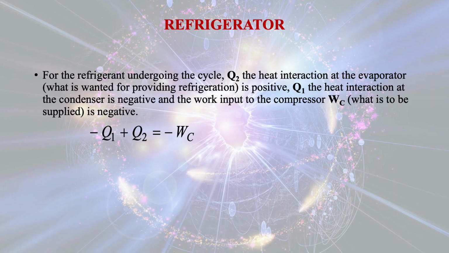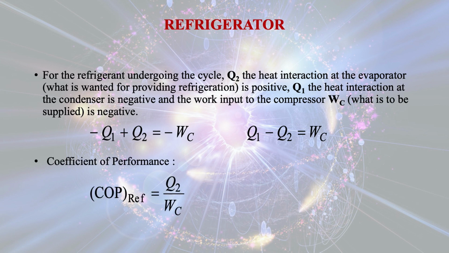These are all from the sign convention. So we can write the expression for the first law of thermodynamics for a cyclic process as minus Q1 plus Q2 is equal to minus WC. So Q1 minus Q2 is equal to WC. So the coefficient of performance, that is COP of the refrigeration system, is equal to Q2 divided by WC, and COP of the refrigeration system is equal to Q2 divided by Q1 minus Q2.